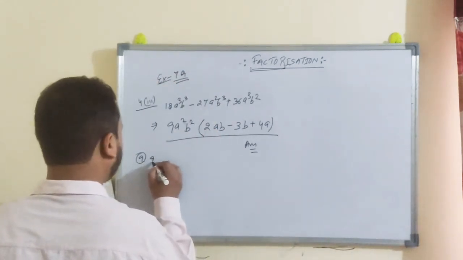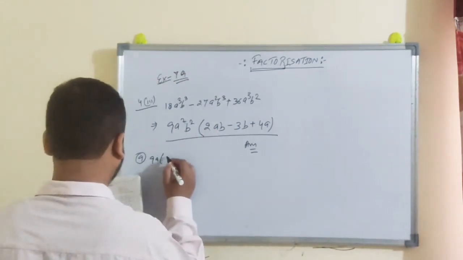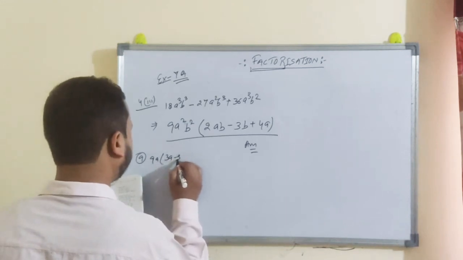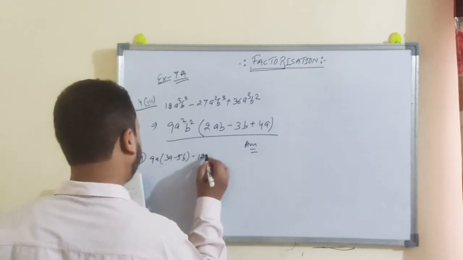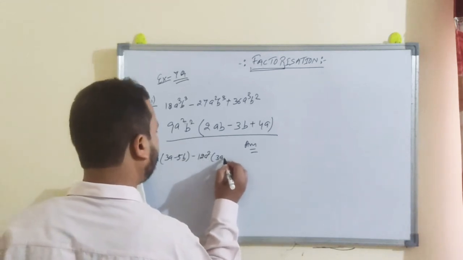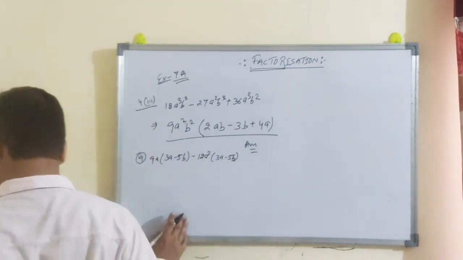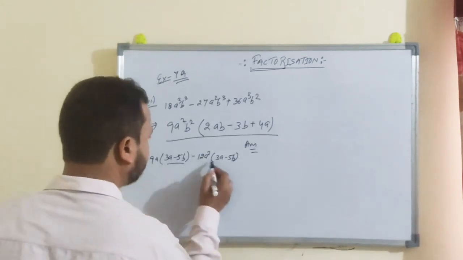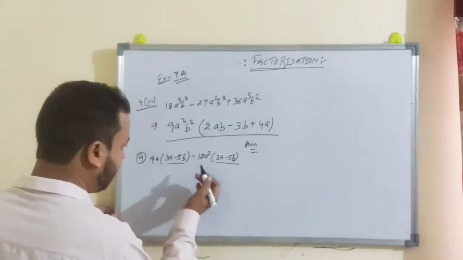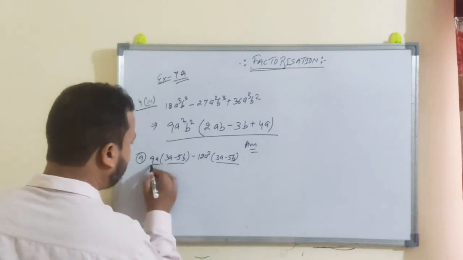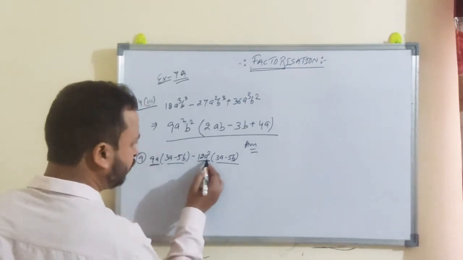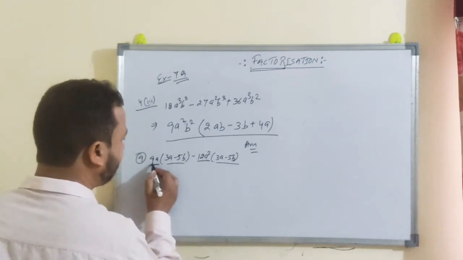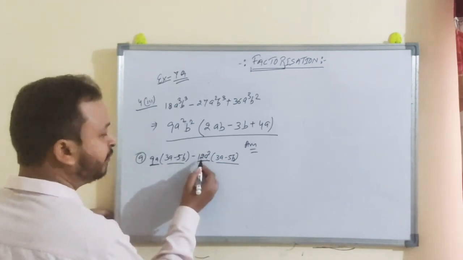That is 9a in a bracket 3a minus 5b and minus 12a square 3a minus 5b, right? So here the binomial is common, this is common. You can take it, but here 9a is there and 12a square is given, so a is also common, and here 3 is also common. So 3 3s are 9, 3 4s are 12.